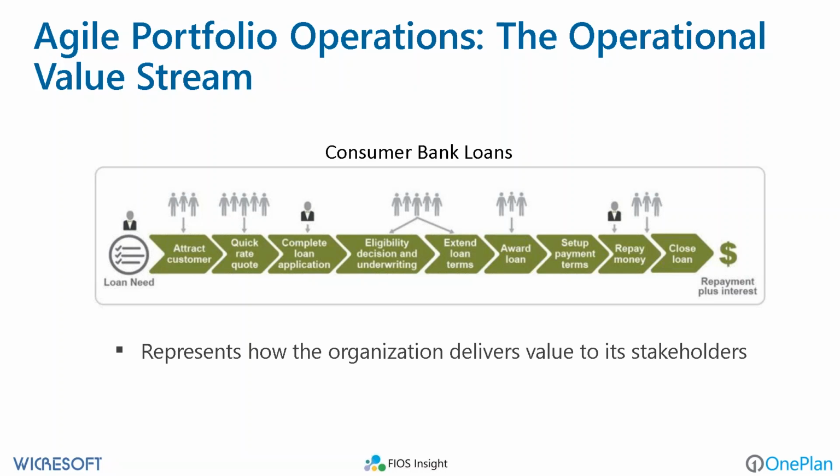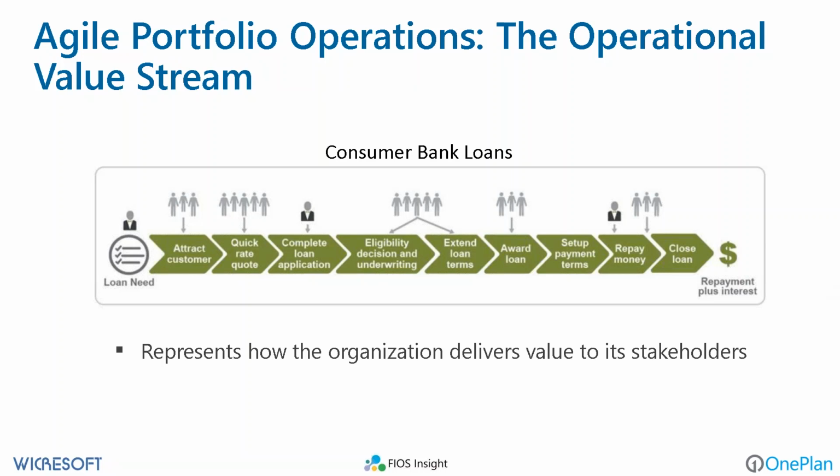In other words, we organize development around that development value stream, but in order to actually do that, you have to have a very clear definition of your operational value stream, and that's one of the connections that we are trying to make here with this content.